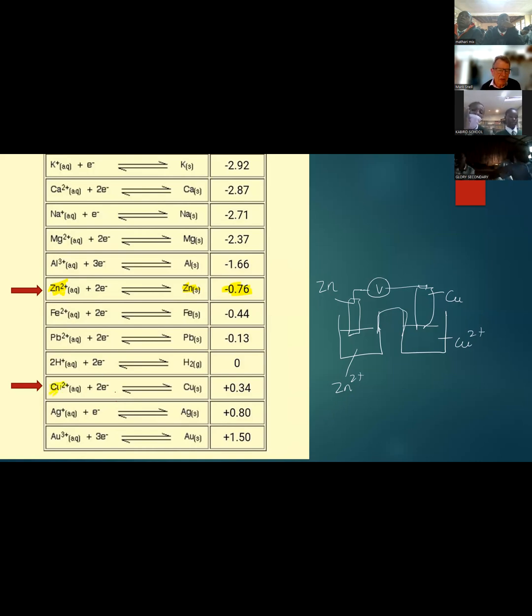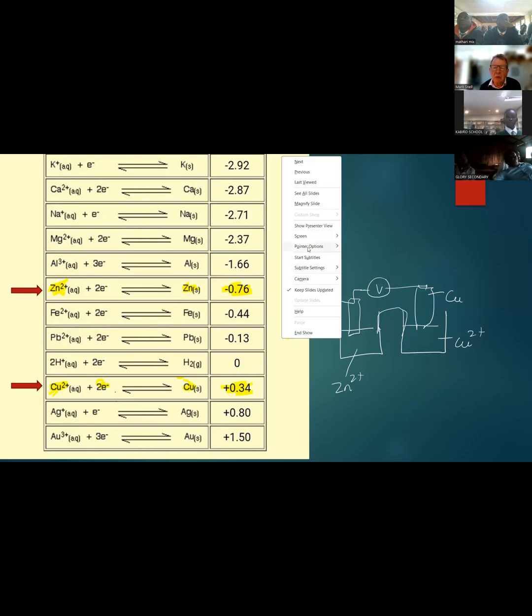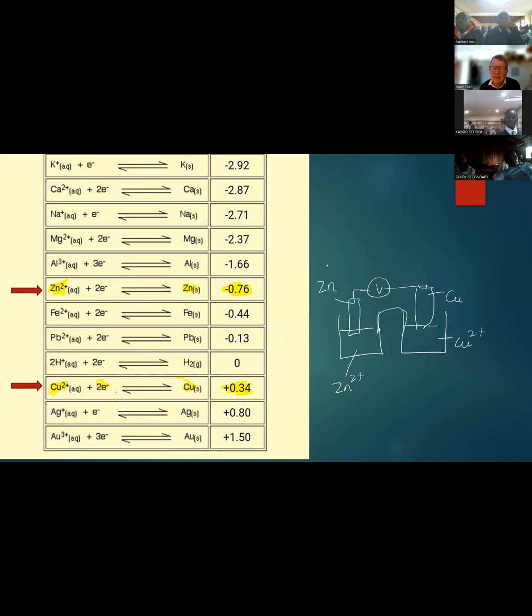Copper, Cu2+ plus 2 electrons, turns into Cu, positive 0.34. These two do different things. So this one on this side is negative 0.76 volts, and this one is positive 0.34 volts.